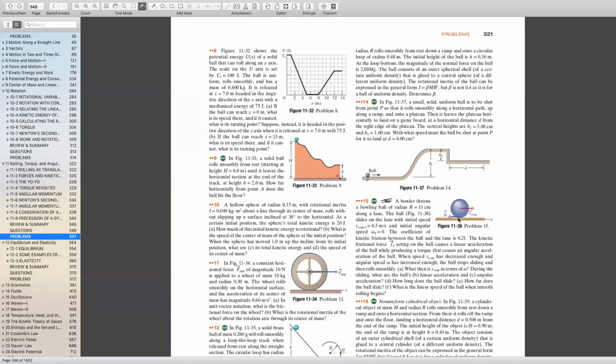It's sliding, and it has friction. After a certain time, the friction causes the ball to rotate, so omega will increase. Because of the friction, the linear speed will decrease. In the end, the ball is rolling, but it stops sliding.